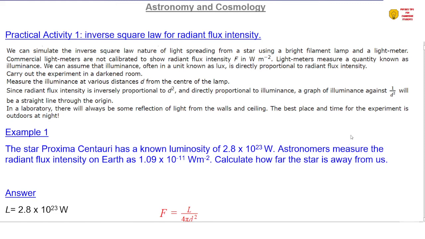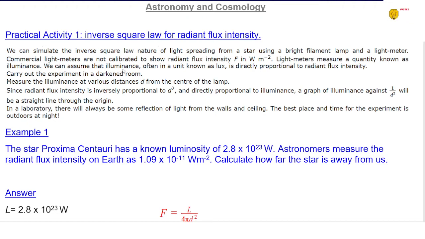So if you want to investigate the inverse square law for radiant flux intensity, we have to do this at night to get good results. That is, you need a bright filament lamp and a light meter. Light meters measure a quantity known as illuminance.